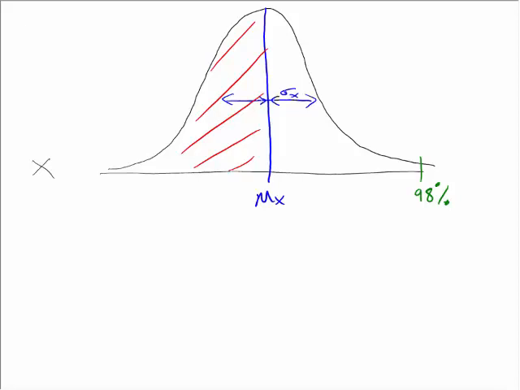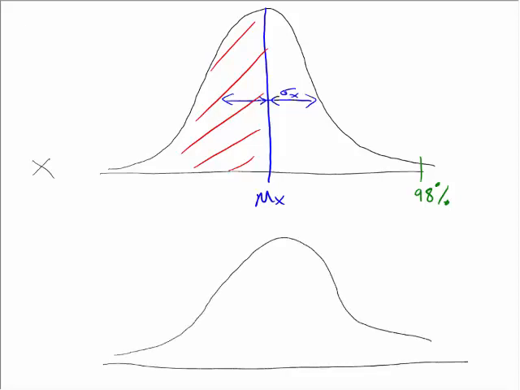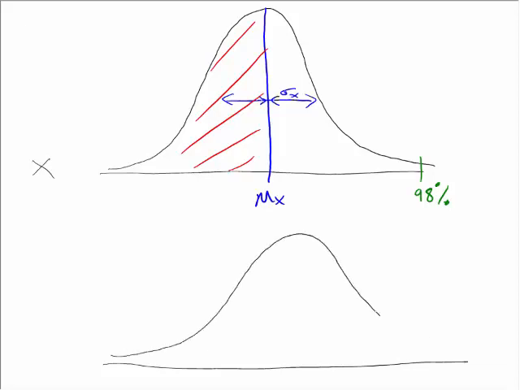Imagine that I have the standardized normal distribution that is identical to this, if I can draw it identically, and I say I want to satisfy 98% of this demand.